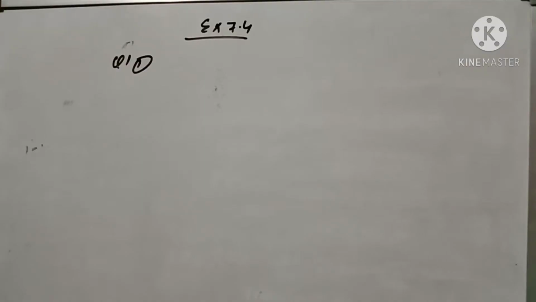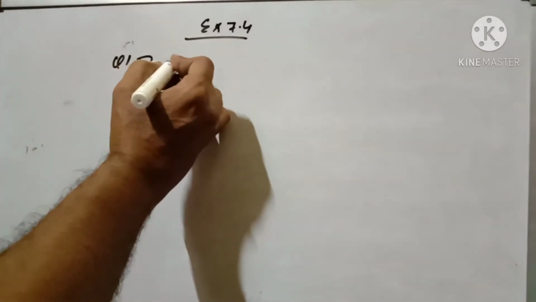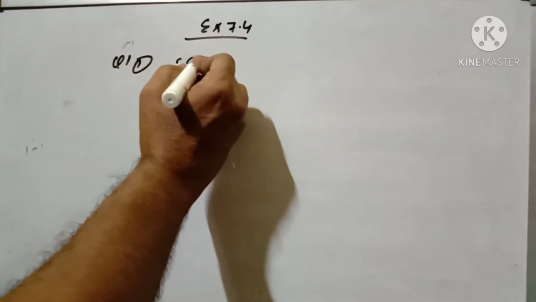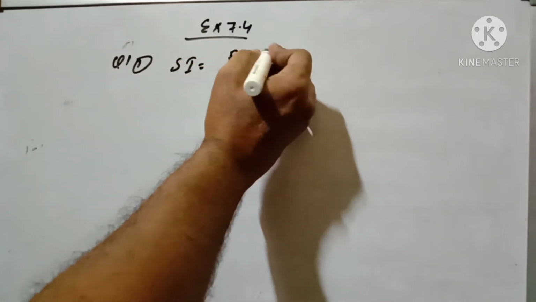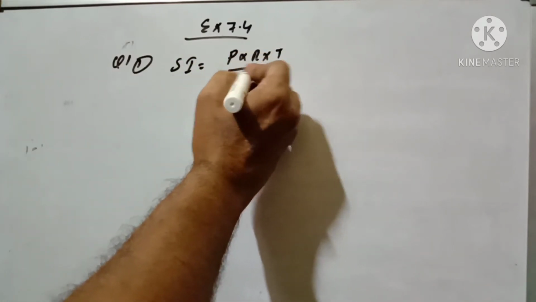Now exercise 7.4, we have to find simple interest, time, rate of interest, principal, etc. First question: rupees 350 for 2 years at 11% per annum. Find the simple interest. As we know, SI equals P into R into T by 100.